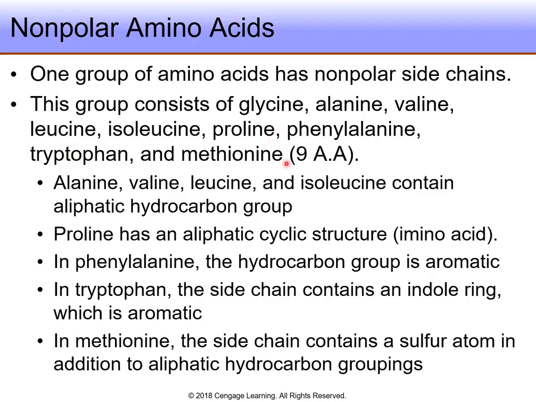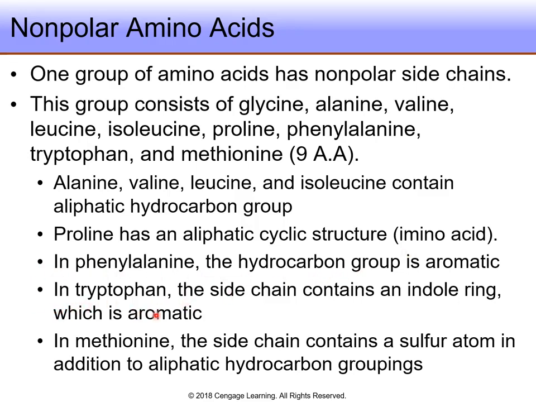Alanine, valine, leucine, and isoleucine contain aliphatic hydrocarbon groups. Proline has an aliphatic cyclic structure, and it's referred to as an imino acid. In phenylalanine, the hydrocarbon group is aromatic.